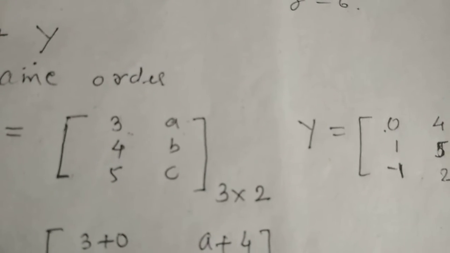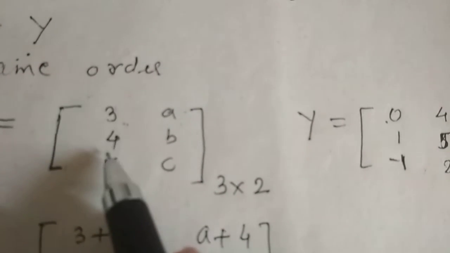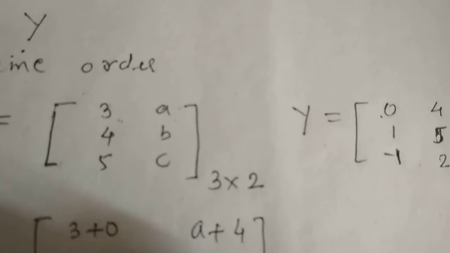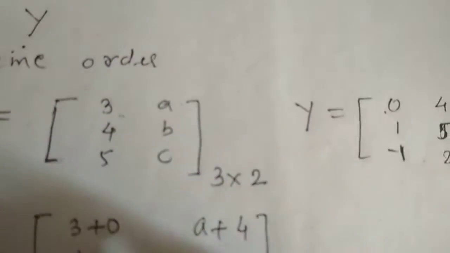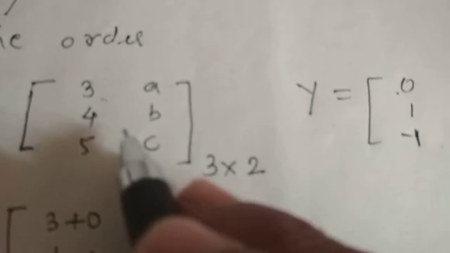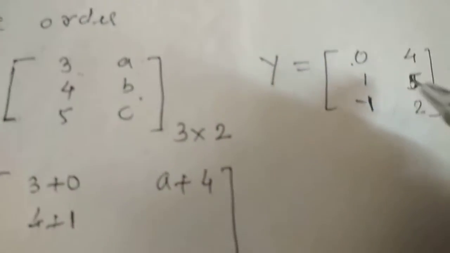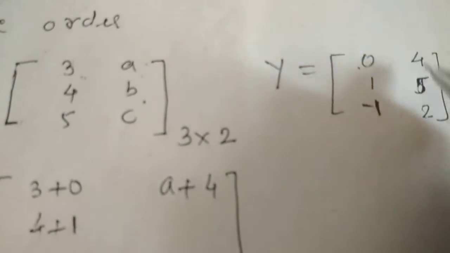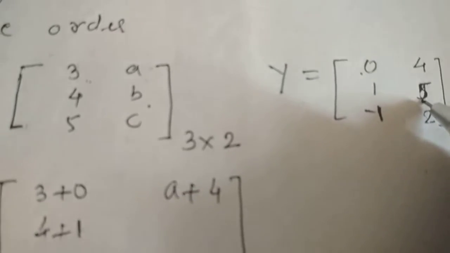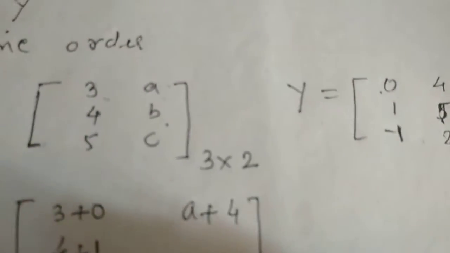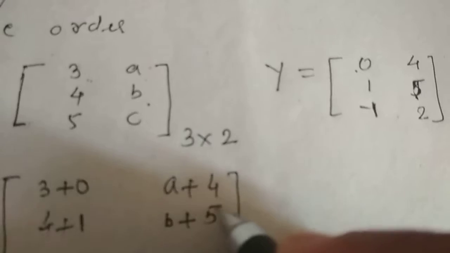Similarly, the second row first column element should be added to the second row first column element only. Similarly, the second row second column element, which is B, should be added to the second row second column element, which is 5, that is B plus 5.